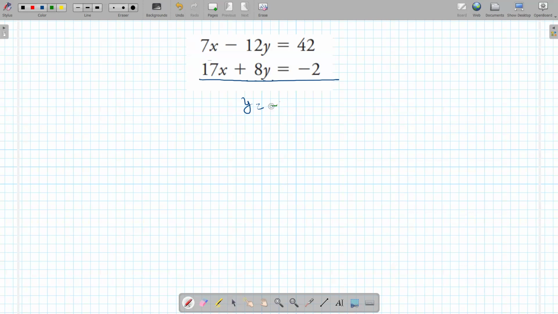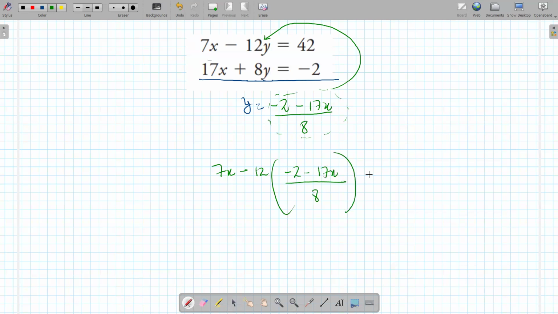Right, so it'll be negative 2 minus 17x divided by 8. So that's our substitution. And then we're going to replace this with this over here. Then you have 7x minus 12 times negative 2 minus 17x divided by 8 equals 42.